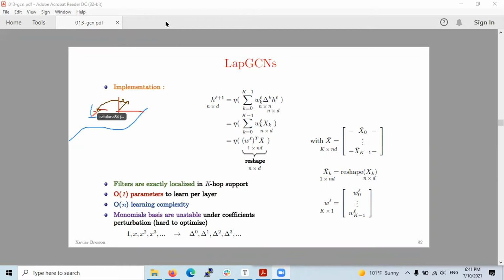Here we can see the bases are the same, the x and the y axis on which this eigenvector is defined.